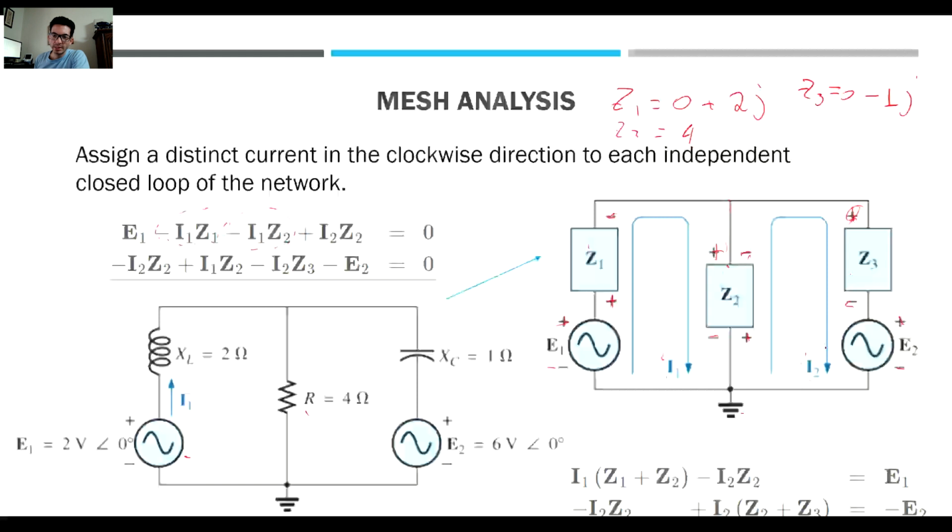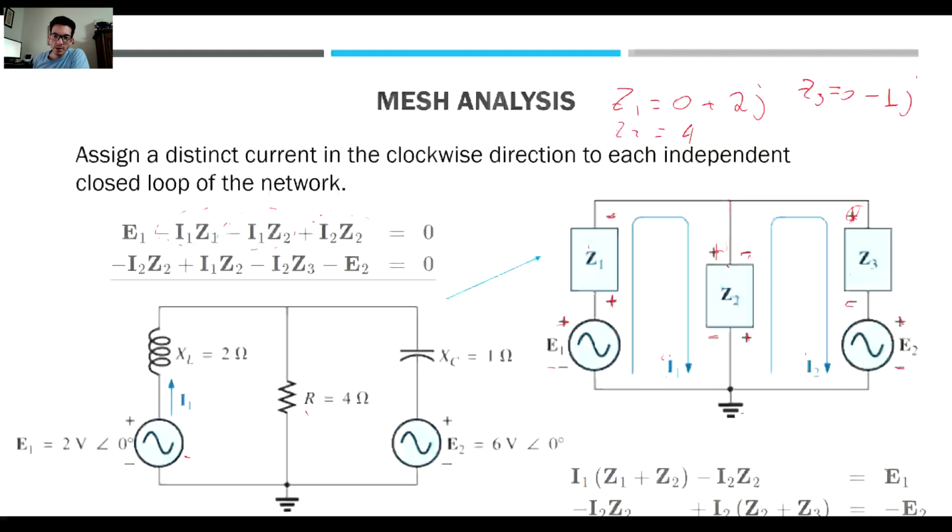And if we notice, I2 is going positive, negative. Therefore, we have plus I2 Z2 equal to 0. So again, equation 1 goes this mesh, which is I1, Z1, Z2. But as we said, Z2 has contribution from I1 and I2. So when we write equation 1, we have to do the contribution of Z1, of I1 and I2.